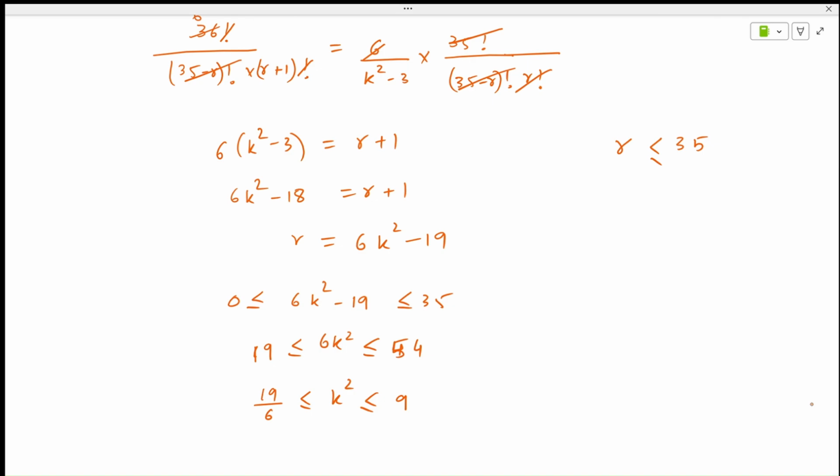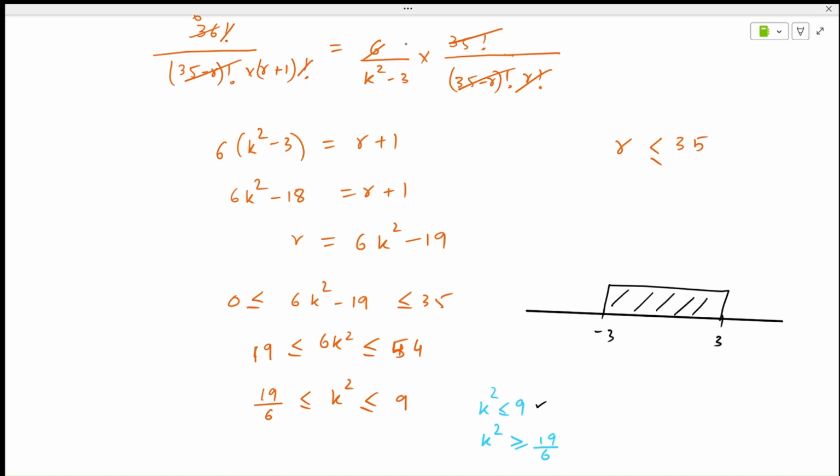From this, we'll get two conditions. The first thing is k square should be less than or equal to 9 and k square should be greater than or equal to 19 by 6. That means the two critical points for first equation are 3 and minus 3. It should be less than 9. So the required region is between minus 3 and 3.